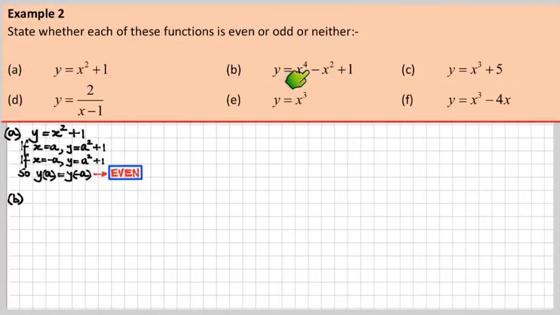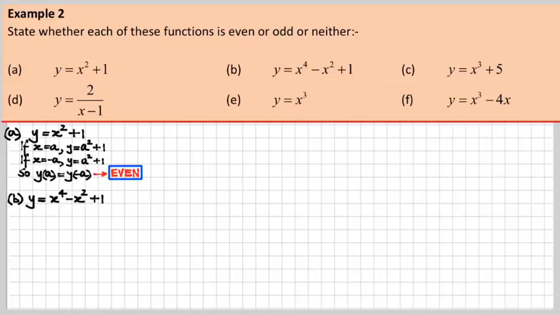Yeah? And if I was to add to that minus x squared plus 1, which is just an upside down quadratic moved up 1 from the origin, that's also even. So if that's even and I add another even function to it, like addition of ordinates, adding two y values together for every given x value, in other words, I would still get an even function.